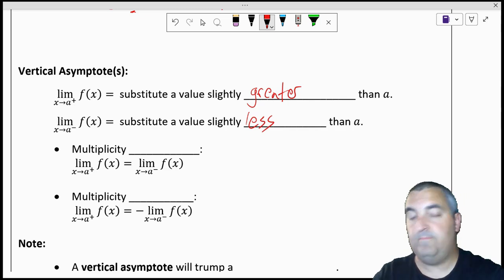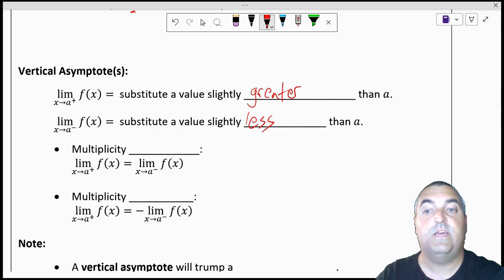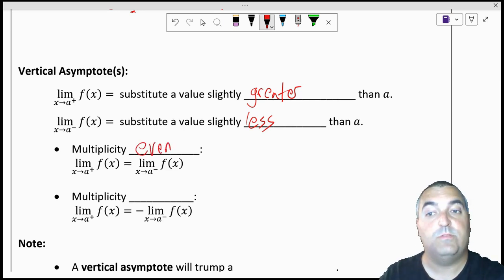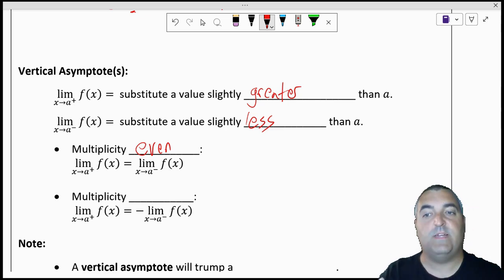Okay. Now, the nice thing is if you pay attention to the multiplicity of the factors of the vertical asymptotes. So if the multiplicity is even, and in case you forgot, multiplicity is the degree of the factor. So if you have x minus 1 and it's squared, it has an even multiplicity because it's squared.